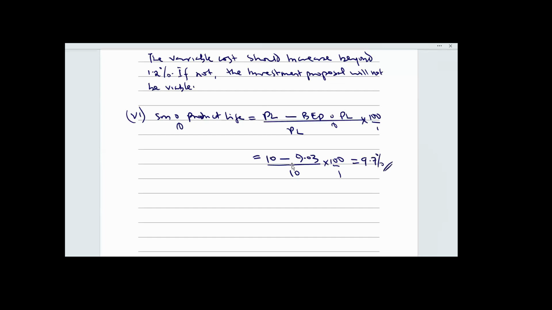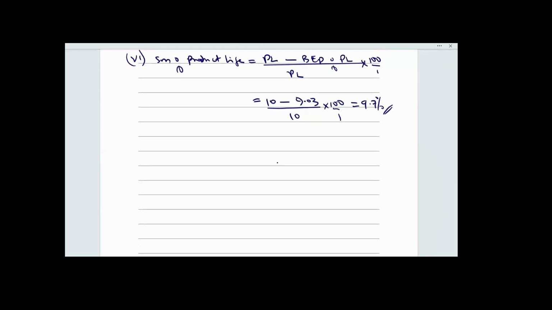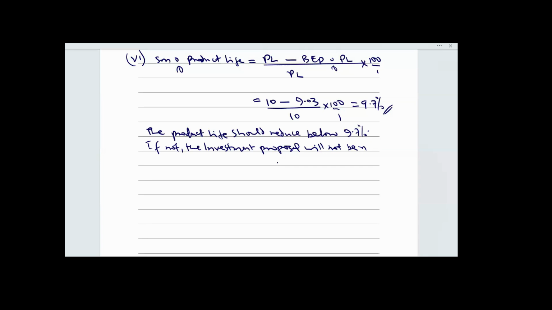So you then say the product life should not reduce below 9.7%. If not, the investment proposal will not be viable. That's it.